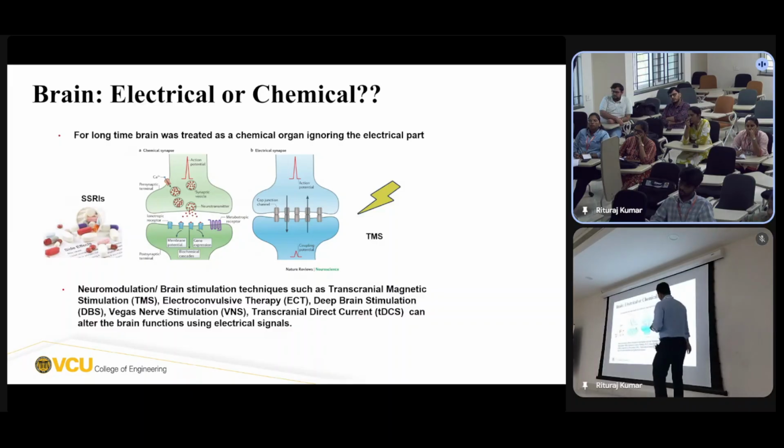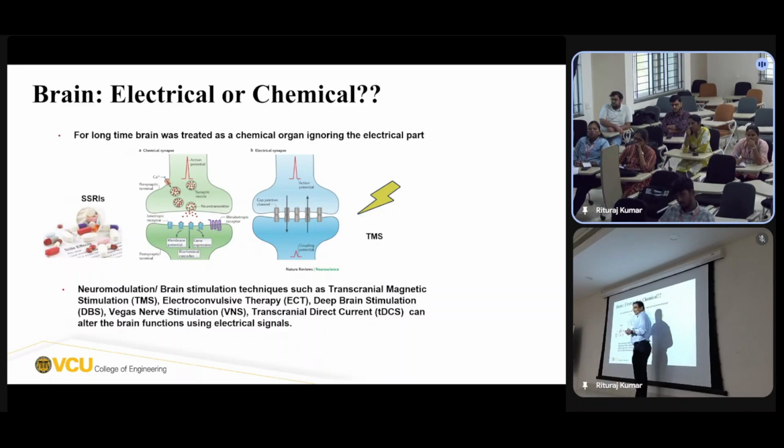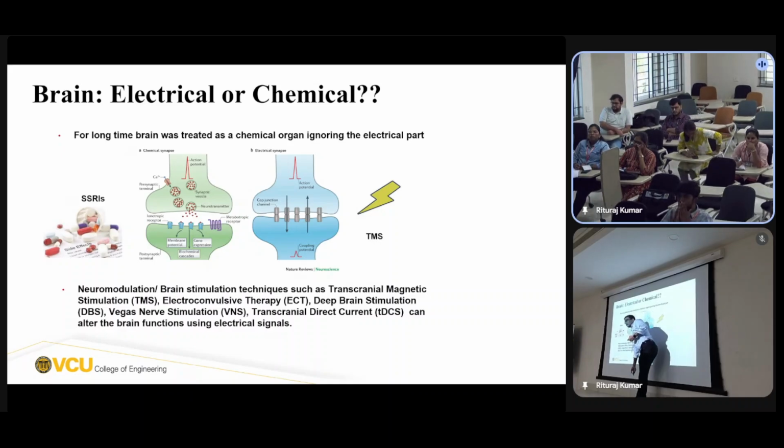Instead of sending the neurotransmitters here, we can actually depolarize this neuron without the neurotransmitter and then send the signal. So basically you apply an electric field to these neurons and make the signal go.